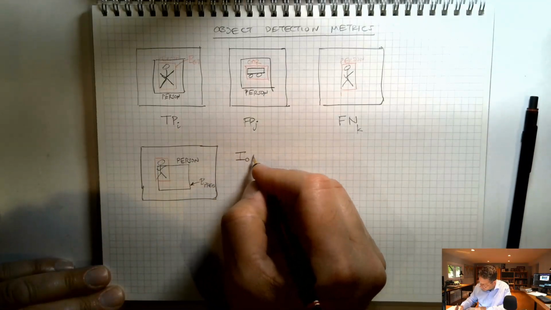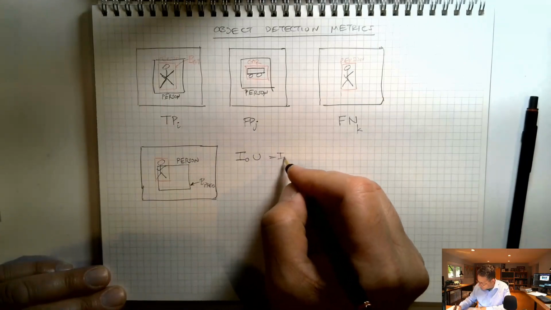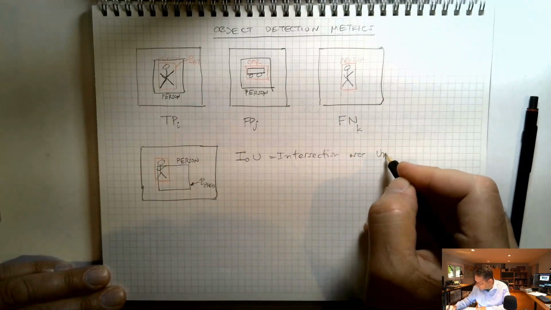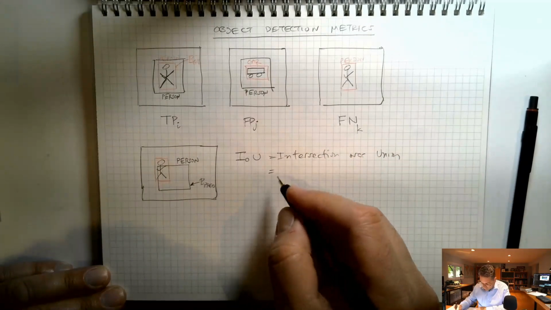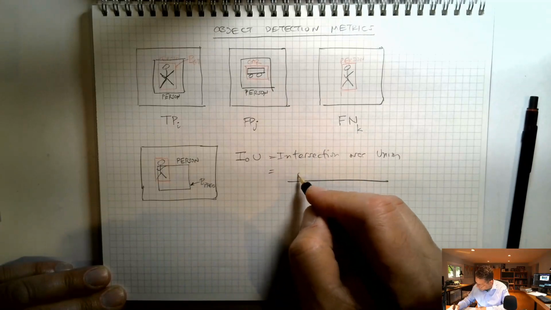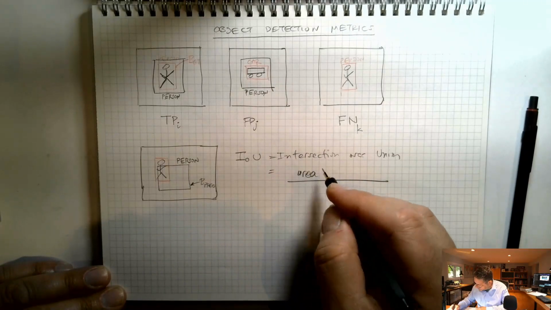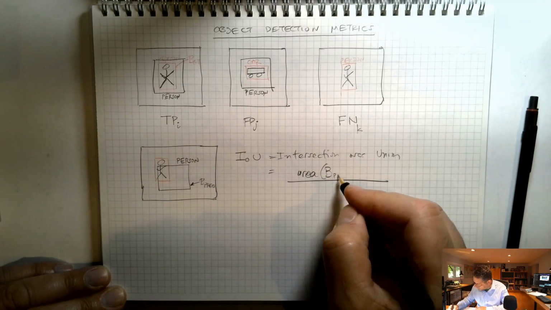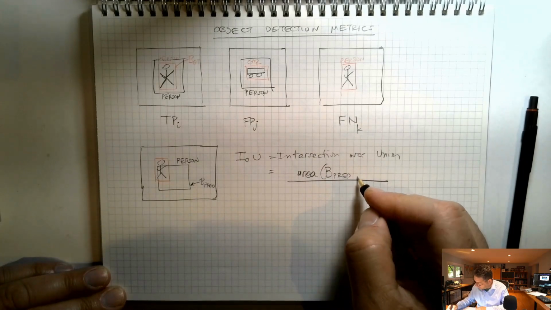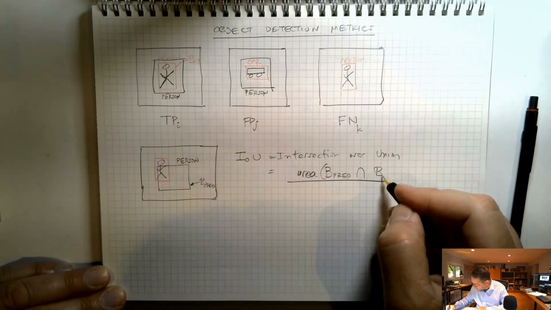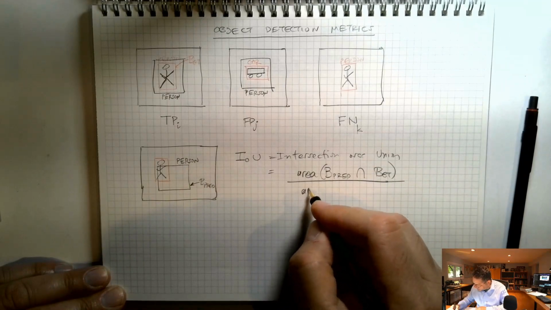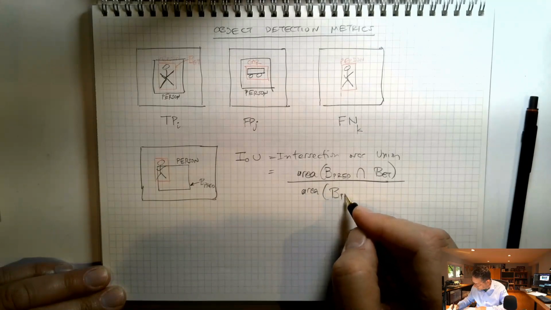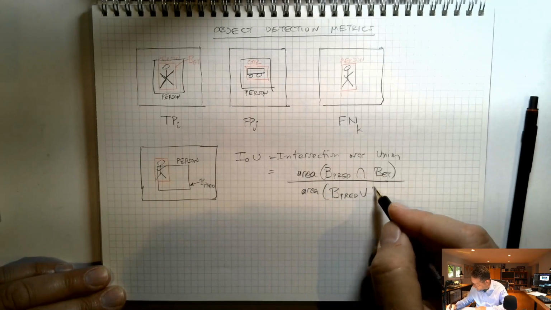This IOU, which stands for intersection over union, is a ratio: the area of the intersection of the bounding box that I'm predicting and the bounding box which is the ground truth, divided by the corresponding area of Bpred union BGT.